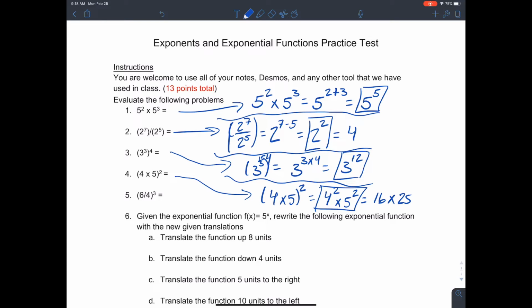And the last one here. We'll do it over here. 6 over 4. You could have just distributed the exponent over 4. That would have been good enough. I would have taken that.